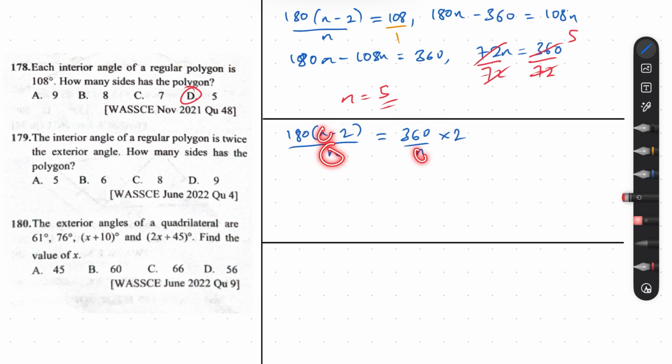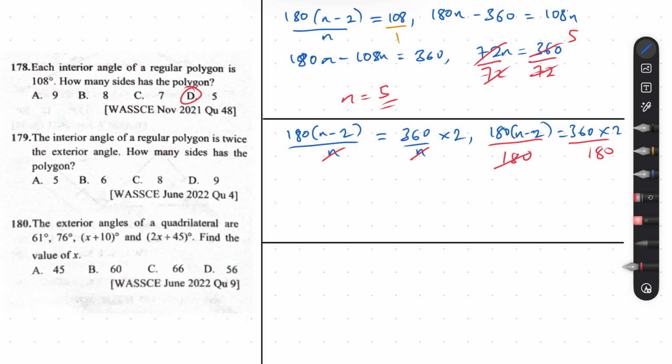Looking at this equation, you can see that n can cancel out. Then we'll have 180(n minus 2) equals 360 times 2. We can divide both sides by 180 so that we can cancel this 180.